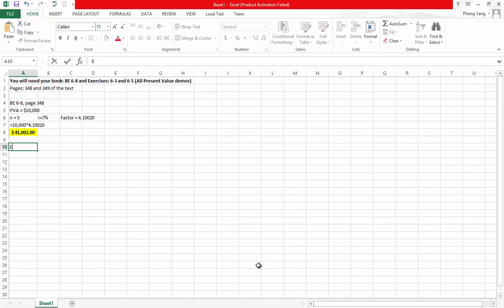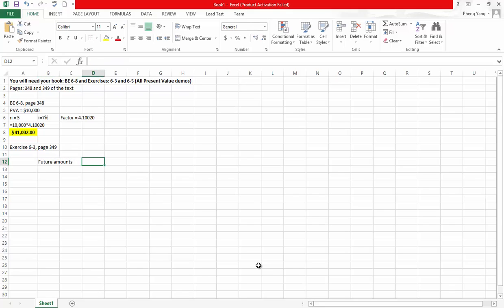Our next one is exercise 6-3. That's on page 349. In exercise 6-3, they are asking us to determine the present value of the following single amounts. Let me go ahead and put the amounts in.